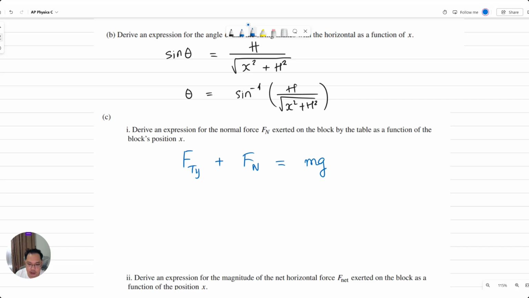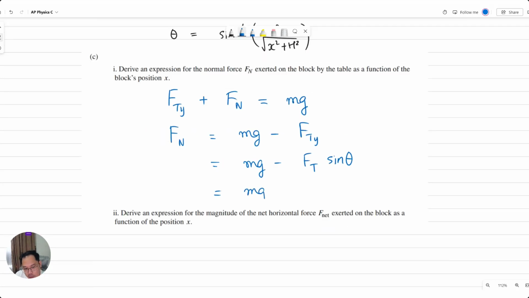We need to derive Fn. So Fn will be equal to the weight mg minus this vertical component Fty, and that Fty is determined by Ft multiplied by sine of the angle theta.